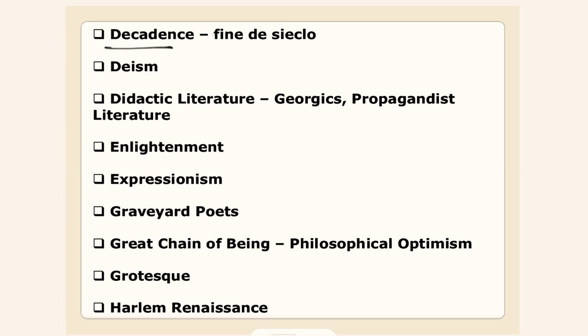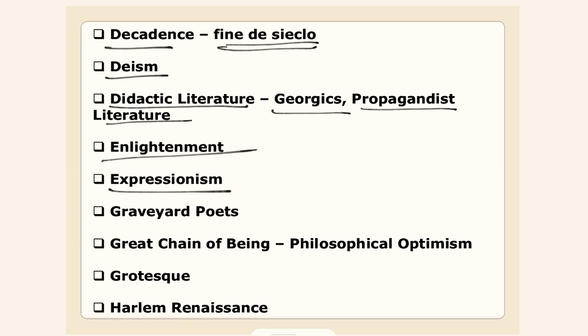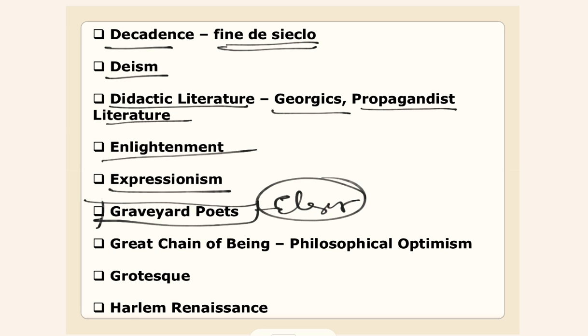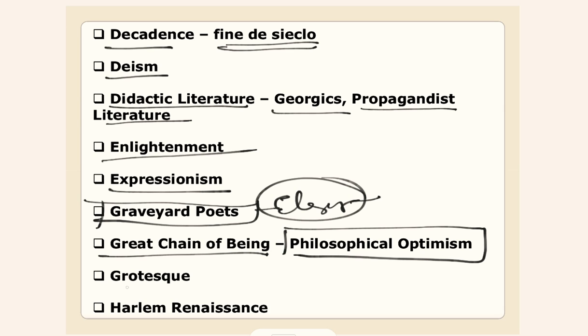Decadence, deism, didactic literature, Georgics, propagandist literature, enlightenment, expressionism, graveyard poets. So remember, here the elegy term dominates. So this one we will discuss in a separate video. Great chain of being. It is a very philosophical term, philosophical optimism, grotesque, and Harlem Renaissance.